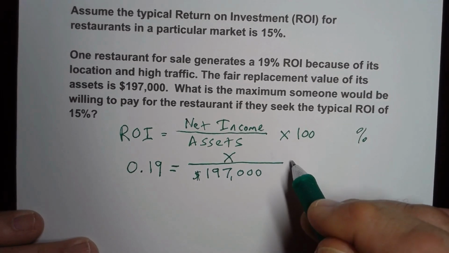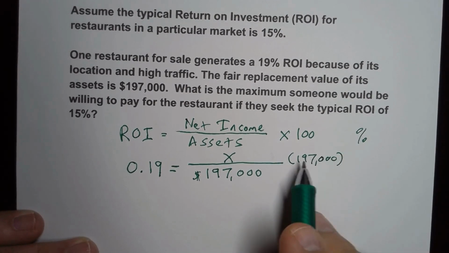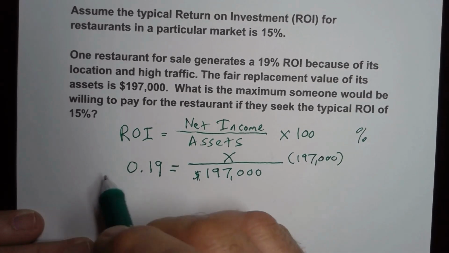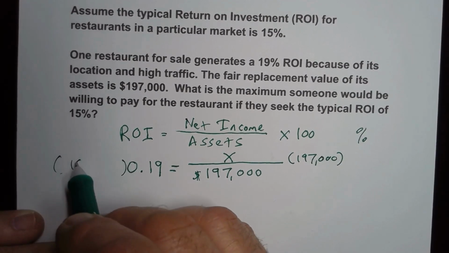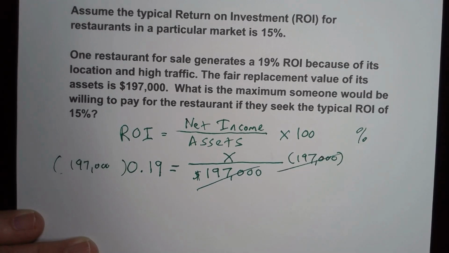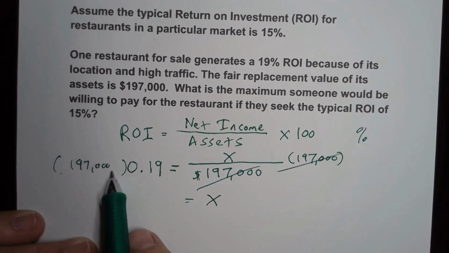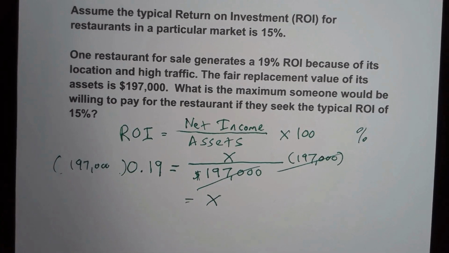So let's multiply both sides by the 197 because that's in the denominator and I want to get it out of there. So I'm going to multiply both sides by 197,000. These cancel out. So I'm left with my X is equal to the 197 times 19%.